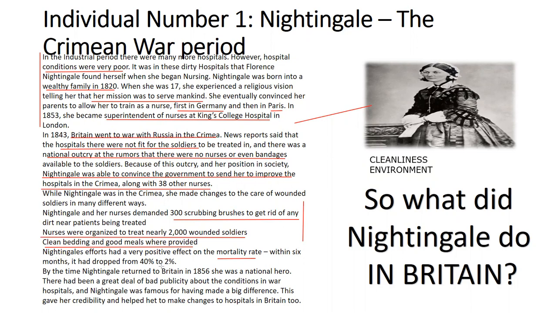So by the time Nightingale returned to Britain in 1856, she was a national hero. There was a great deal of bad publicity about the conditions in war hospitals, and Nightingale was famous for making a big difference. It gave her credibility and helped her to make changes for hospitals in Britain.